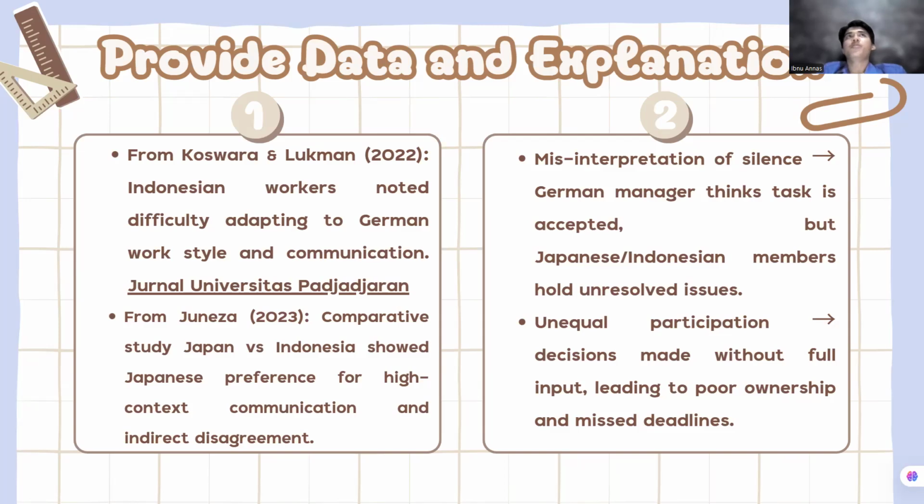Decisions are made without full input, which leads to poor ownership and missed deadlines. This happens because when the leader and the members have different cultural values, like if a German becomes the leader of a team of Indonesians and Japanese, it can lead to poor ownership and missed deadlines because their cultural values have a big different impact.